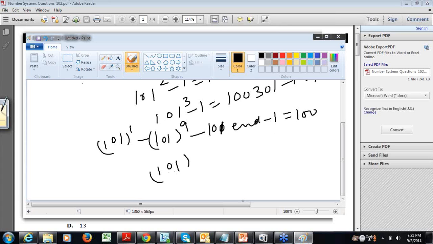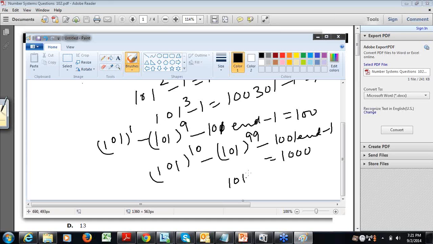Similarly, 101 to the power 10 till 101 to the power 99 will have 1001 in the end. So minus 1 means 1000 will perfectly divide. Similarly, 101 to the power 100 minus 1 will have 0000 in the end. So 10,000 will perfectly divide it. So this is how, on symmetry, you can easily solve this.